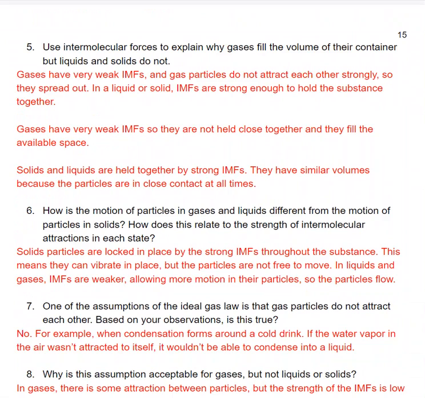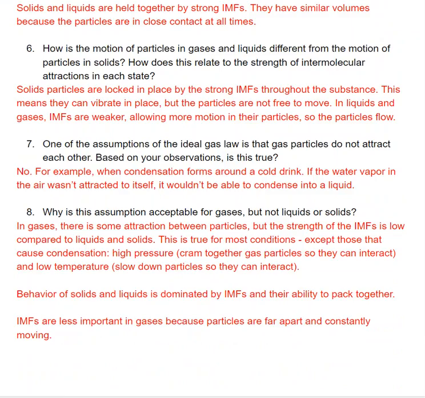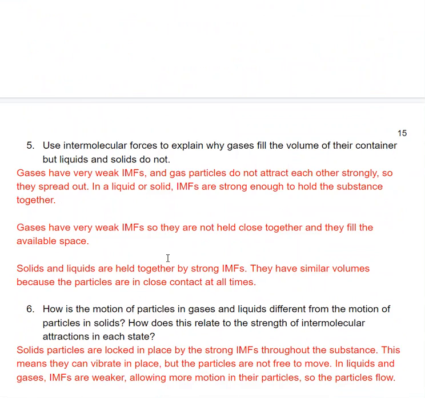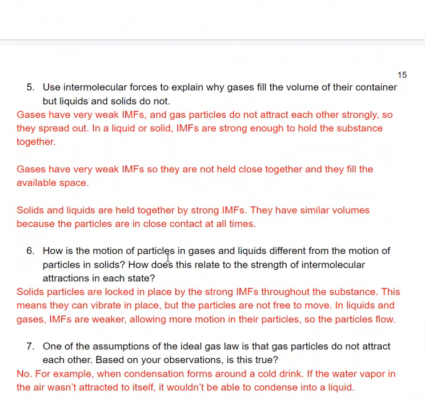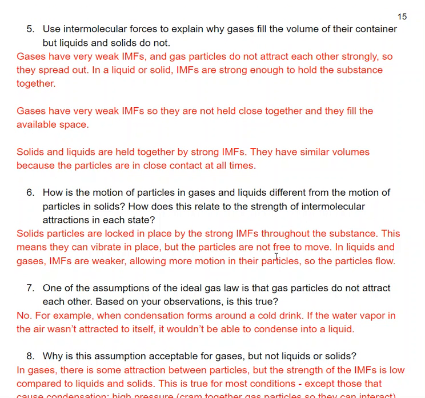So, why do gases take the volume of their container, whereas solids do not? Gases have very weak intermolecular forces, and gas particles do not attract each other strongly. So there's a big distance between those particles. In a liquid or solid, those intermolecular forces are strong enough to hold the substance together.